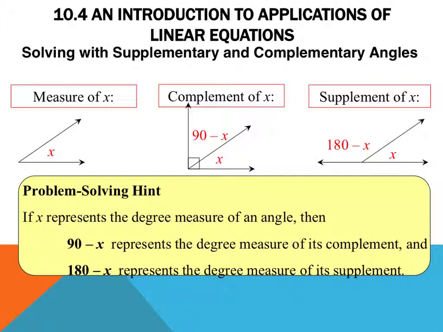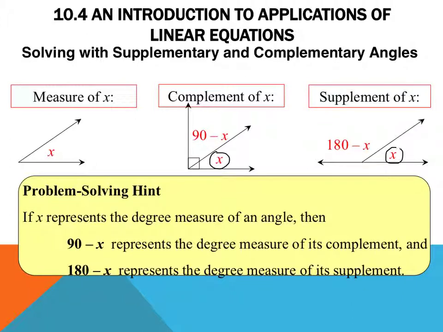If we are looking for the measure of an angle, we'll label that angle x. Complement means that they add to 90, so if this angle is x, to find the other angle, you subtract that from 90. Same thing with supplementary.